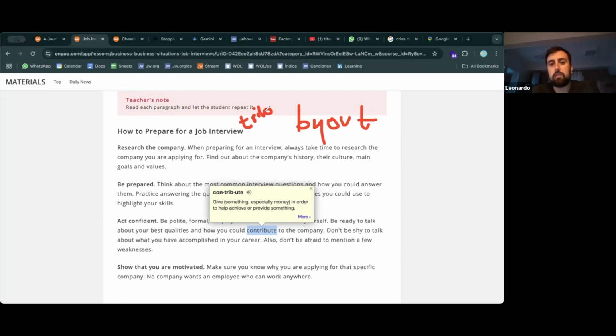So stress on the second: contribute. How you could contribute to the company.